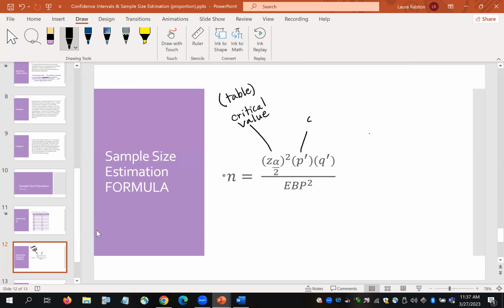P prime is your sample proportion, and I just showed you that Minitab calculates that. Q prime is 1 minus P prime. You will have to calculate that.